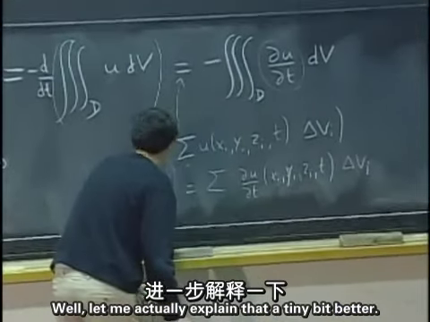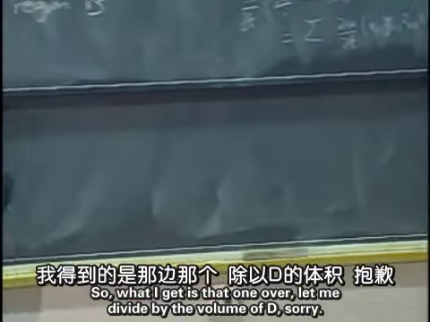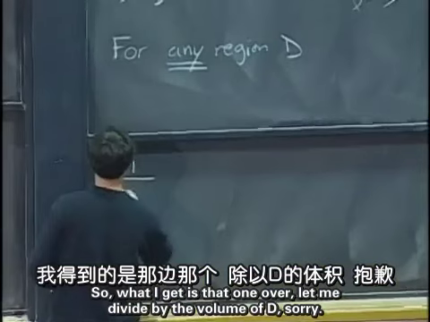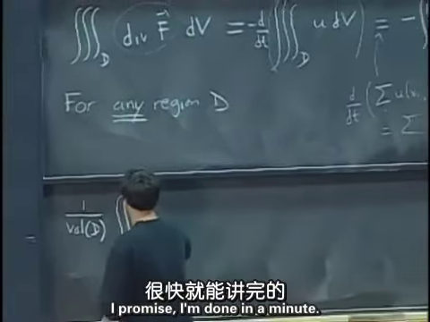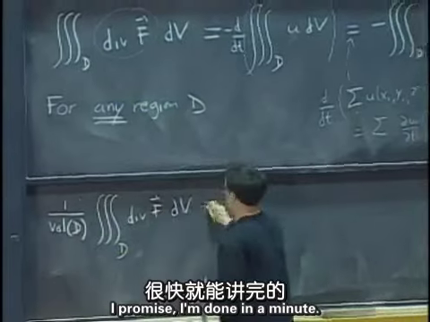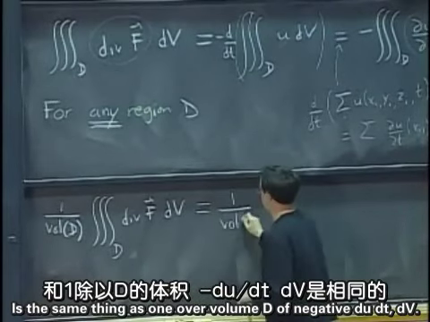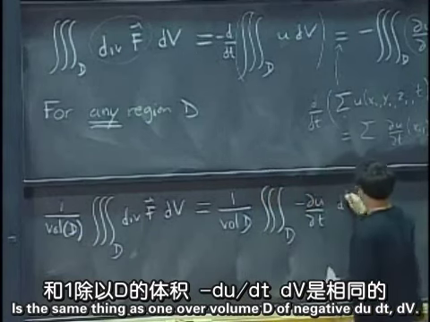Well, let me actually explain that a tiny bit better. So what I get is that, let me divide by the volume of D. Sorry, I promise I'm done in a minute. 1 over volume of D of the triple integral of div F dV is the same thing as 1 over volume of D of the triple integral of negative ∂u/∂t dV.